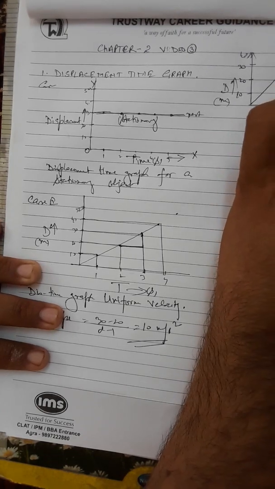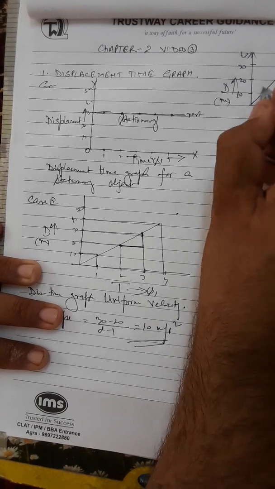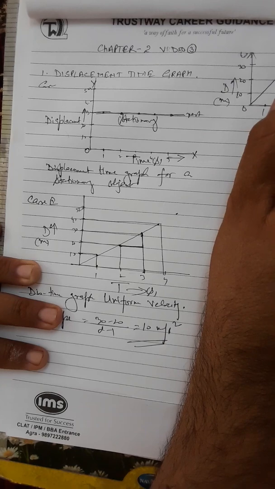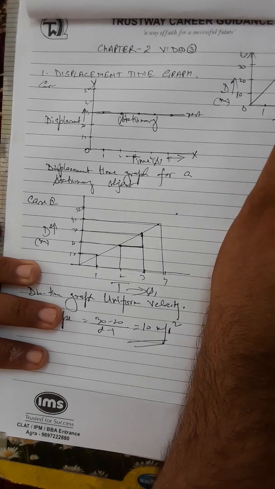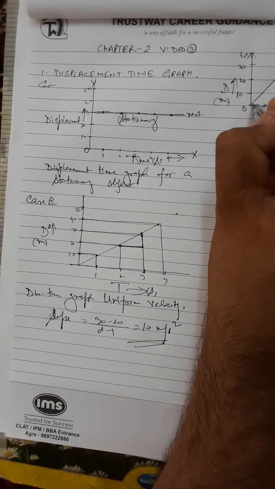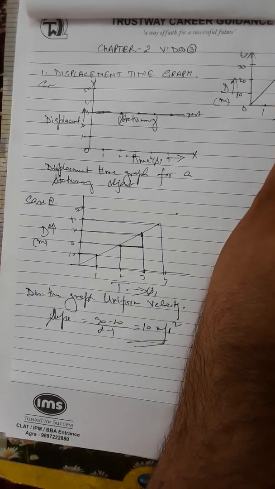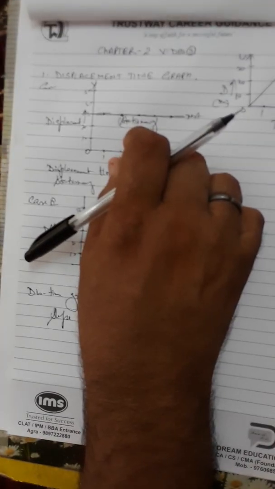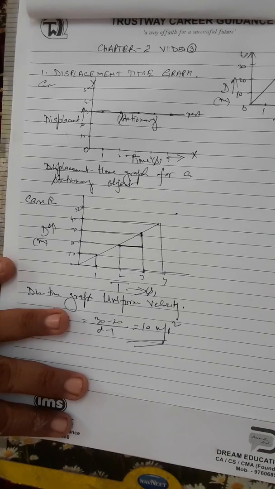Going up from O to A is the positive slope, and coming down will be the negative slope. So in the positive part O to A, the body is accelerated, and from A to B the body decelerates and reaches its original position. Clear?